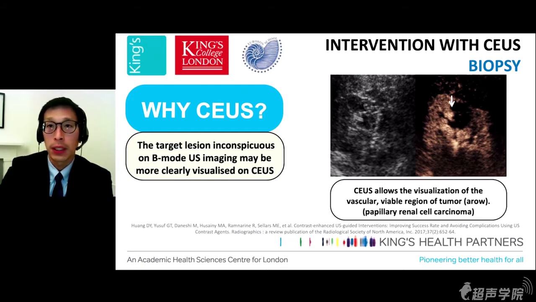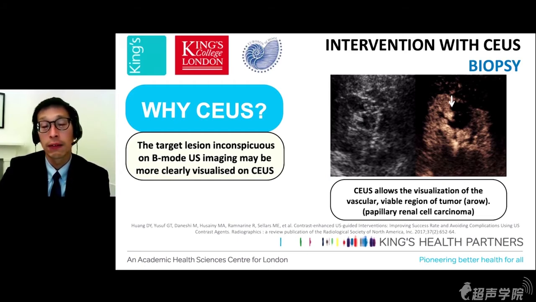And this returns a positive yield of biopsy of a diagnosis of papillary renal cell carcinoma. So this highlights the advantage of contrast enhanced ultrasound in identify a target which is more likely to provide you with viable tissue.